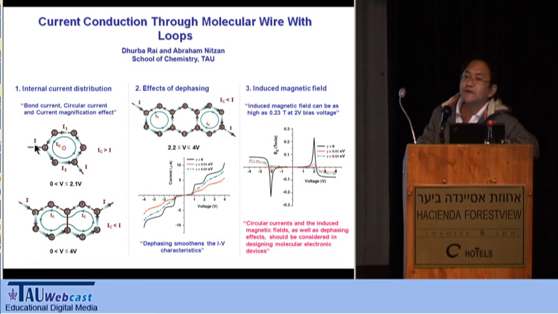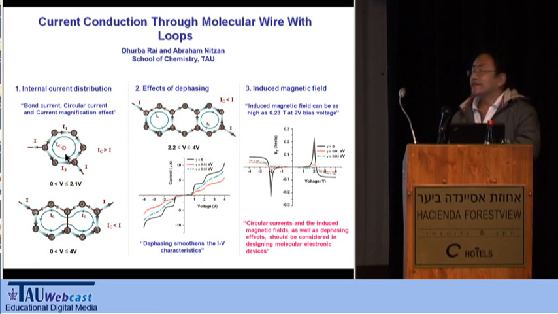In this particular example, the current in both branches, upper as well as lower, that means currents I1 and I2, are both much larger than current I. In fact, the current becomes maximum at 2 volt, and at that voltage the circular current IC is 18 times the net current I passing through the molecule.